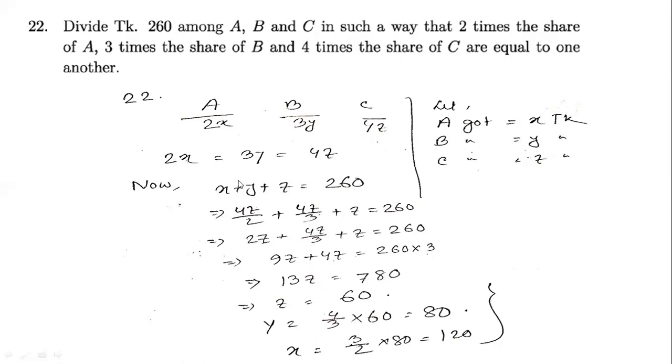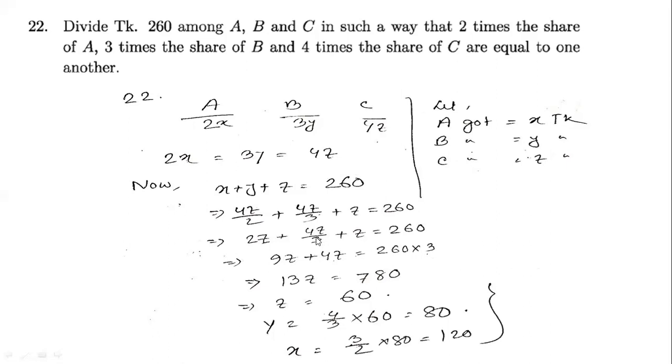And from here look at that, if we free x, then 2 will go under, so x will be 4z by 2. So in the place of x we can write 4z by 2. In the place of y we can write y equal 4z by 3, and z will remain as usual. Then 4z by 2 plus 4z by 3 plus z, you have to go for LCM.